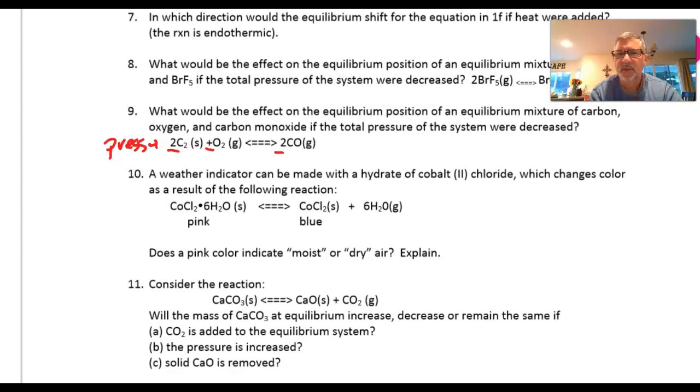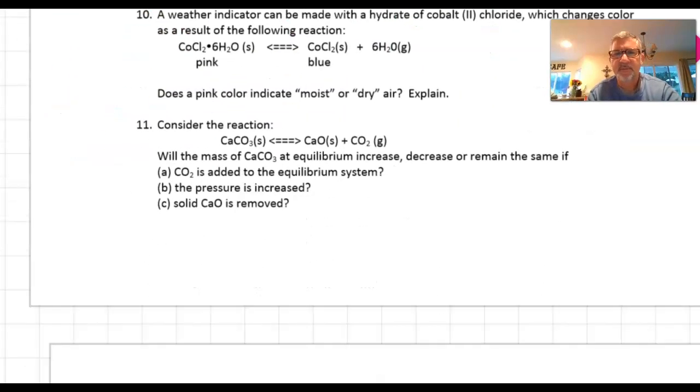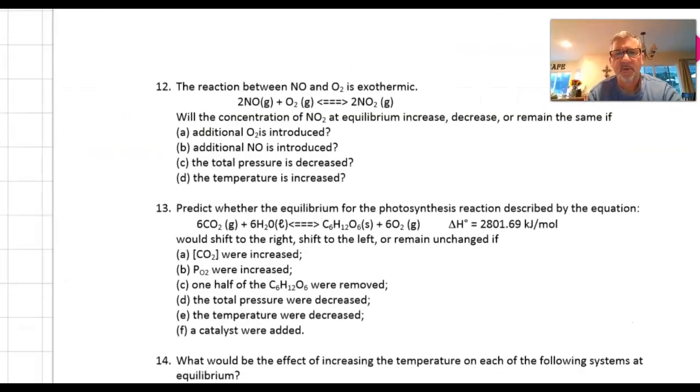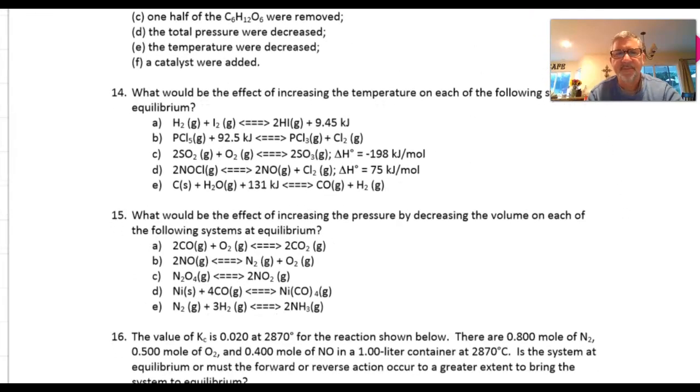So if the total pressure was decreased, you should pull it that way. So this would be a shift left. You keep doing all those. They're all pretty much the same thing.